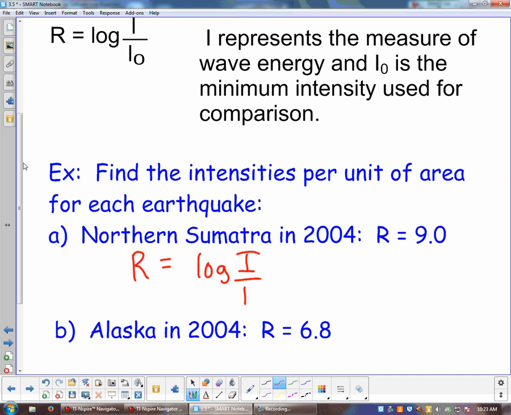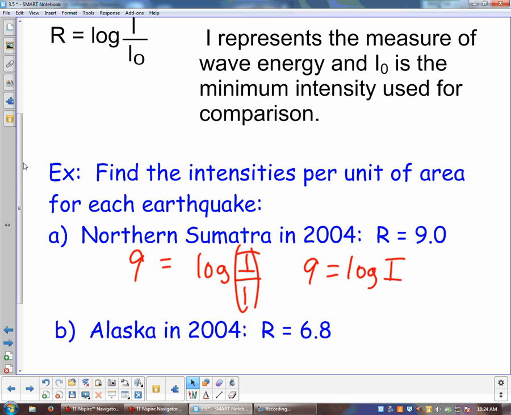That's just the number 1, and our Richter scale rating is 9 in this example. I over 1 obviously is just I, so I can write this as 9 equals log I. So how do I solve for I to find the intensity? Brendan.